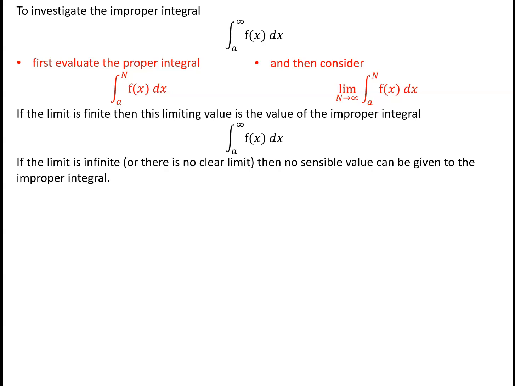If the limit is finite, then this finite value, this limiting value, is the value of the improper integral. If, on the other hand, the limit is infinite, or indeed if there is no clear limit, then no sensible value can be given to the improper integral.